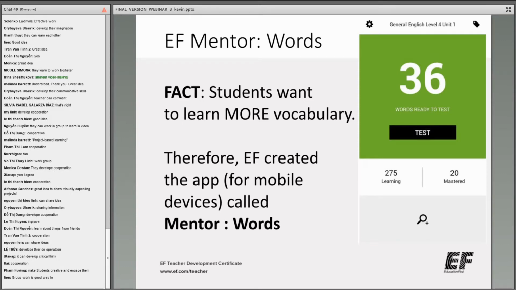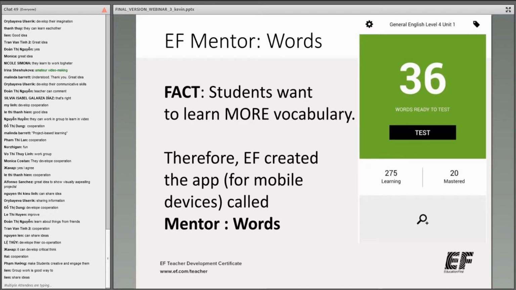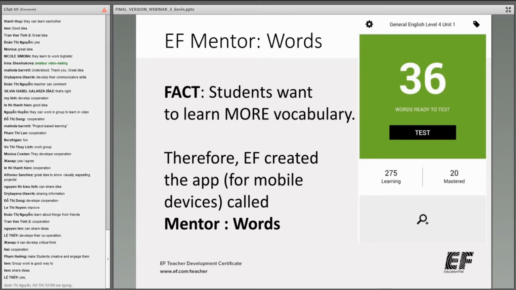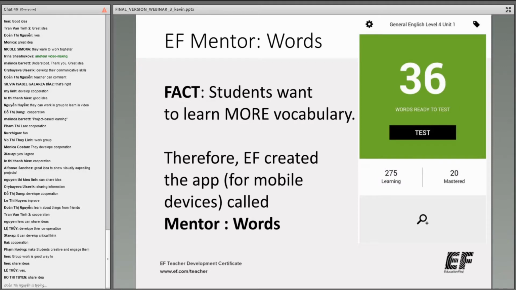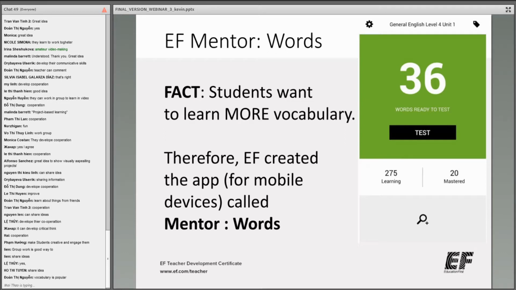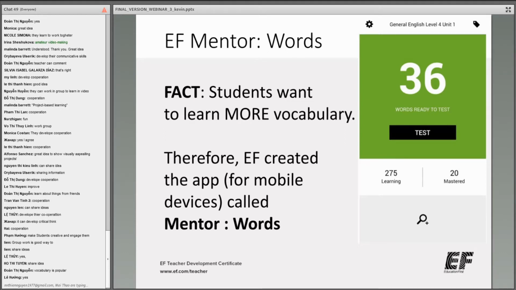But as I said before, I want to show you that EF wants to focus on technology, and as a result, they develop tools that will help the students to become better in English in a more effective way. There are ways you can do this with your organization, with your students, but as I said, these next two ideas are EF proprietary tools.